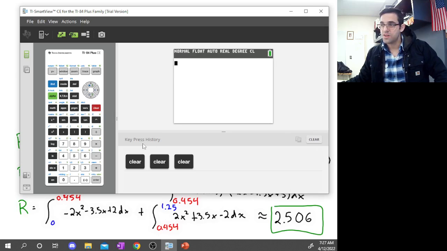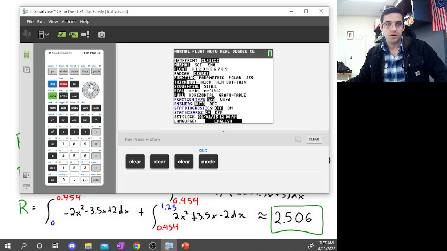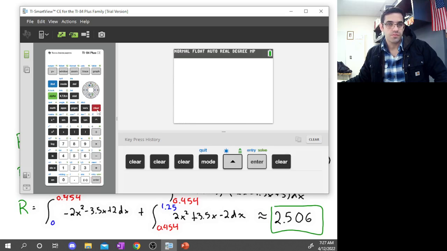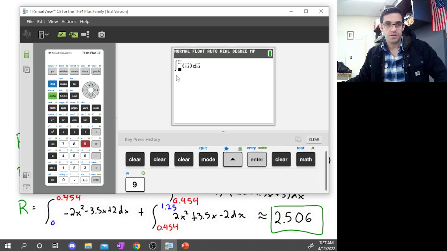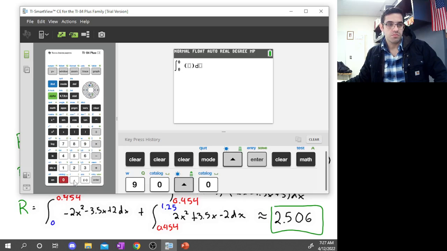In the last video I used the standard view for showing how to do the function integration on the calculator. This one I'm going to use the normal math print for the newer calculators. So to integrate on a calculator, you press math, then you press 9, and that pulls up function integration. Our first interval is from 0 to 0.454.